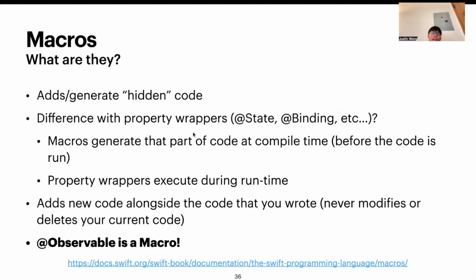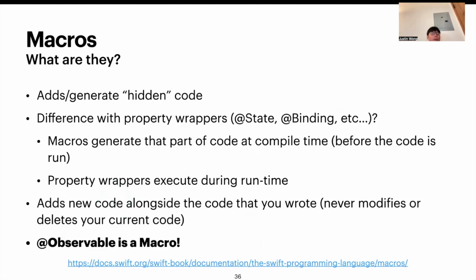So macros are injected before the app gets run. Whereas property wrappers, with @State for example, manage memory and the lifetime of the property itself. That happens when the app is running, when it's dynamic. So that's the main difference.